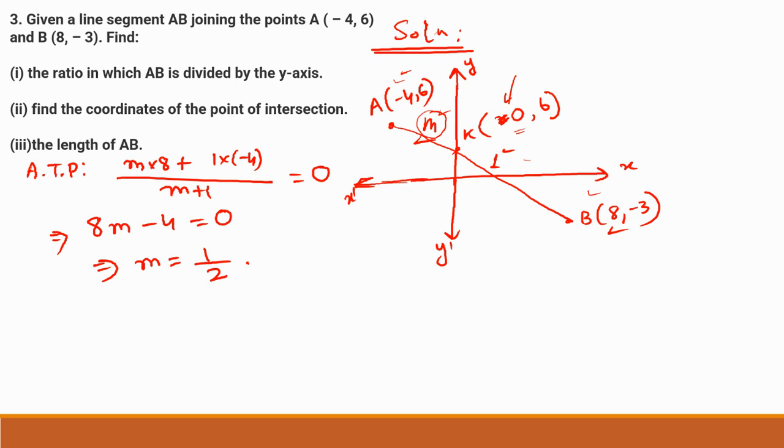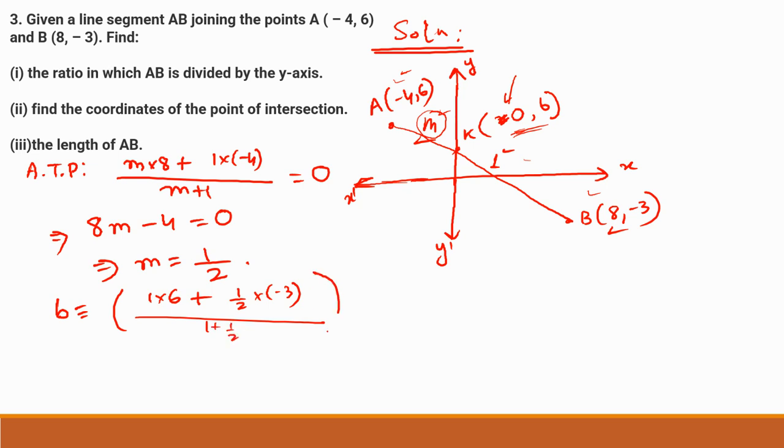Find the coordinates of the point of intersection. We already know the abscissa, what would be the ordinate? So we have to find b basically. b is 1 times 6 plus half times minus 3, divided by 1 plus half.